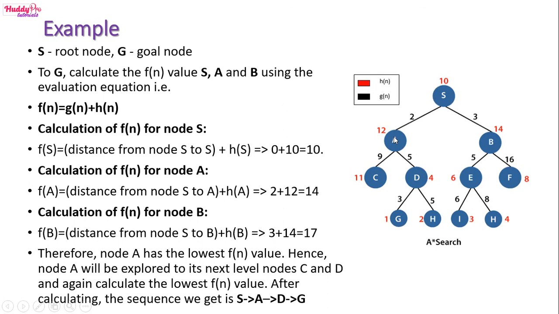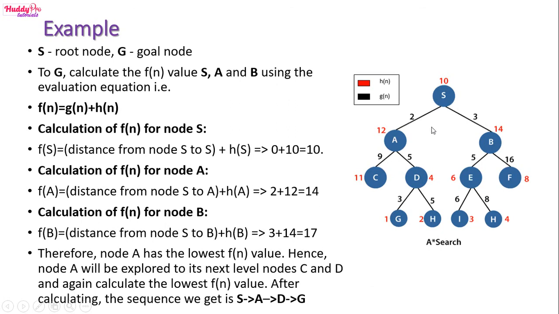Then on the next level, you also compare nodes C and D, and again you calculate f of C and f of D. After that, you will have the final sequence as S, A, D, and G.